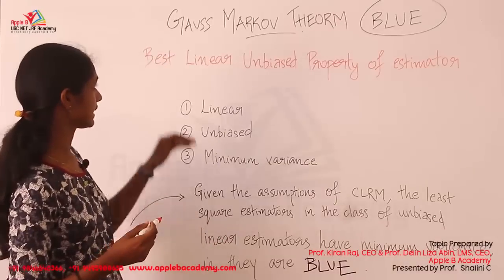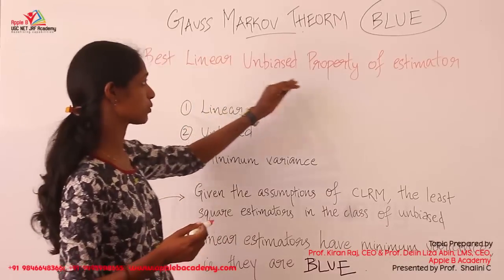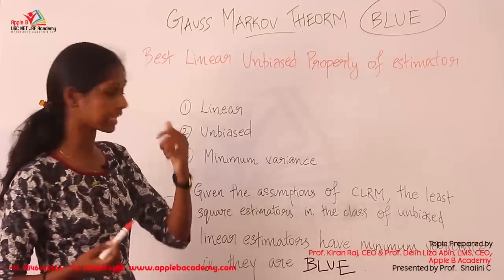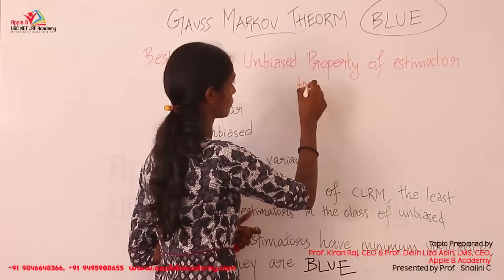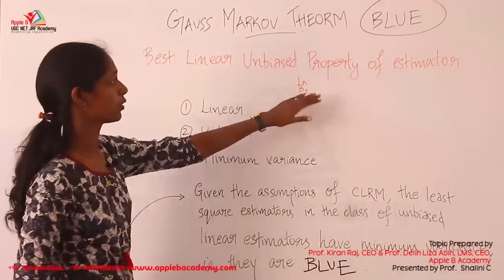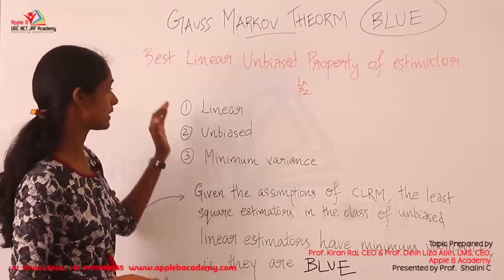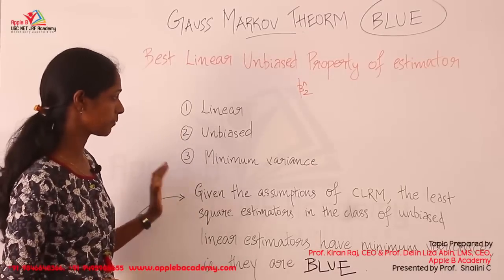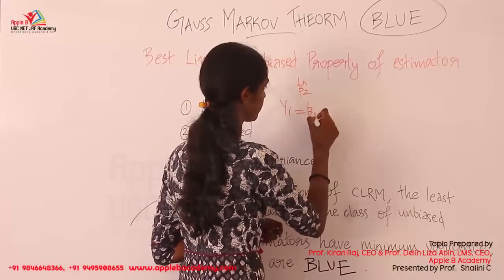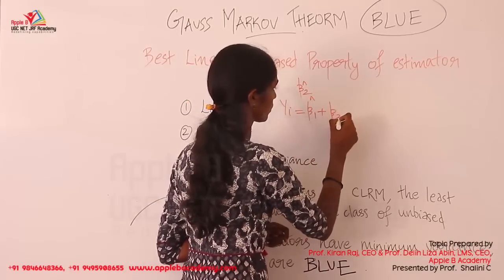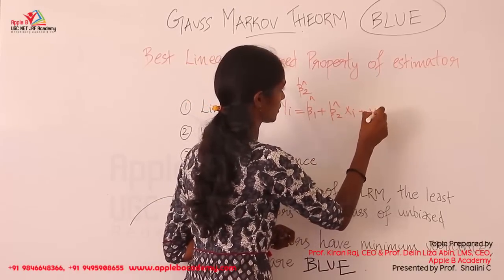BLUE is basically the best linear unbiased property of an estimator. Say in a classical linear regression model, the OLS estimator beta 2 cap is said to be BLUE. When is it said to be BLUE? When it is linear, unbiased and has the minimum variance. It is said to be linear if yi is equal to beta 1 cap plus beta 2 cap xi plus ui.